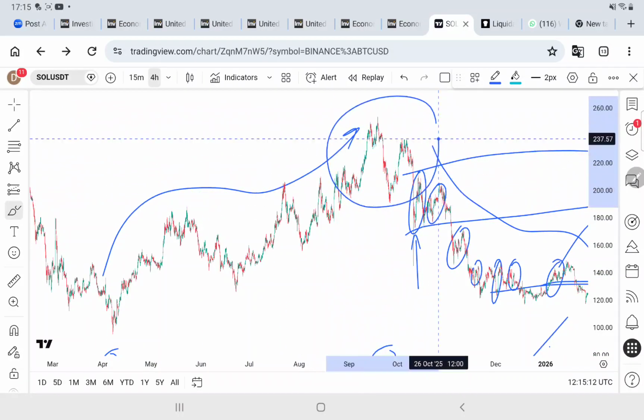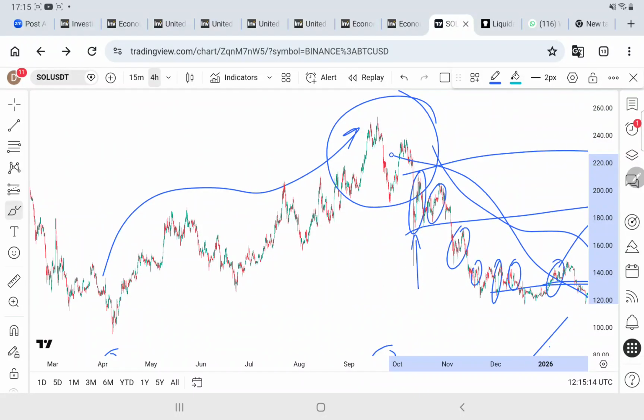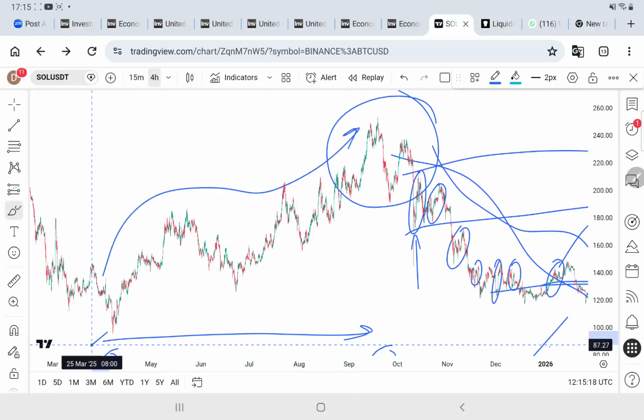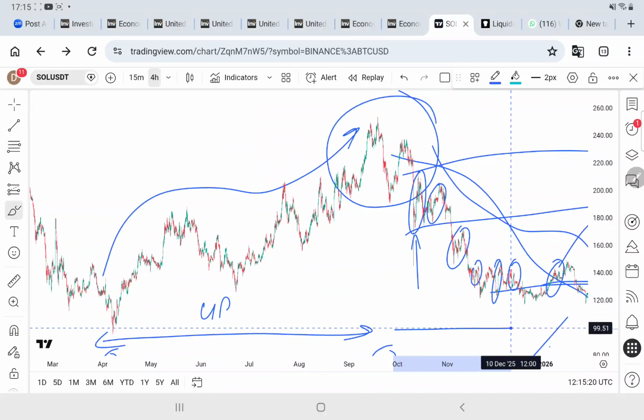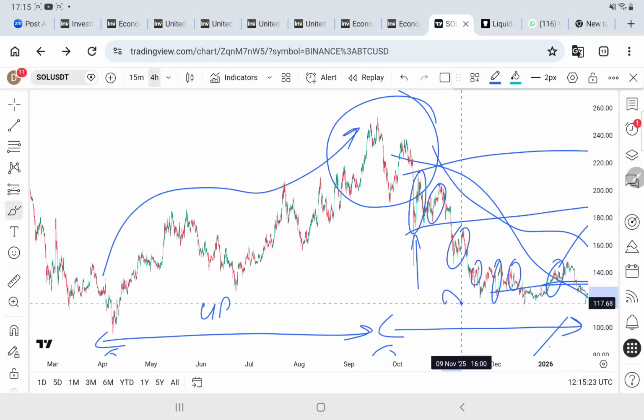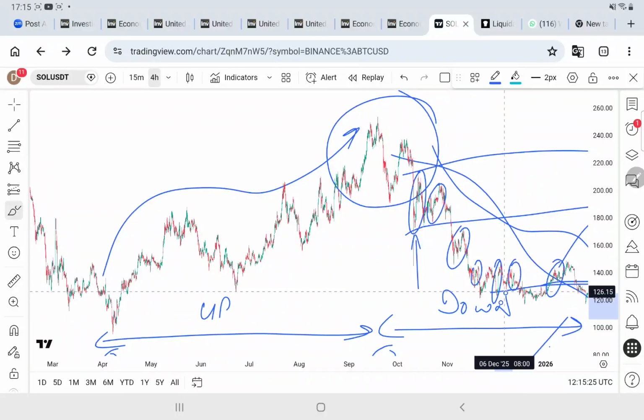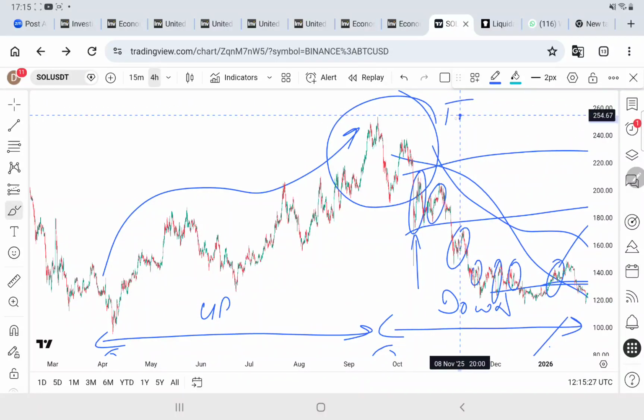Something happened over here when the price shifted trends. For 6 months, the price was in an uptrend, and for 6 months, the price stayed in the downtrend. And that is where the trend reversal happened.